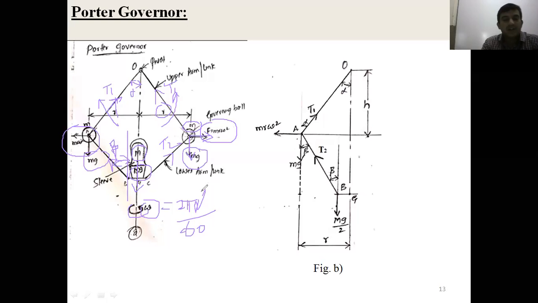Once the governor shaft rotates at angular velocity omega, the upper arm moves radially outward. The tension occurring in the upper arm is T1. At the same time, the tension occurring in the lower arm is T2.